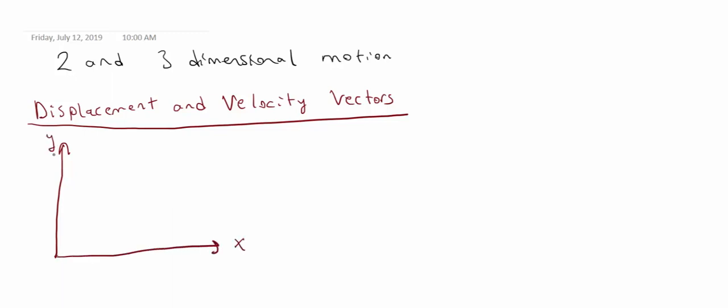X and y axis. Okay. And as we know, we call x axis i, and for y it is j. Okay. And let this be our vector and has coordinates P(x, y), and the name of the vector, let it be r.